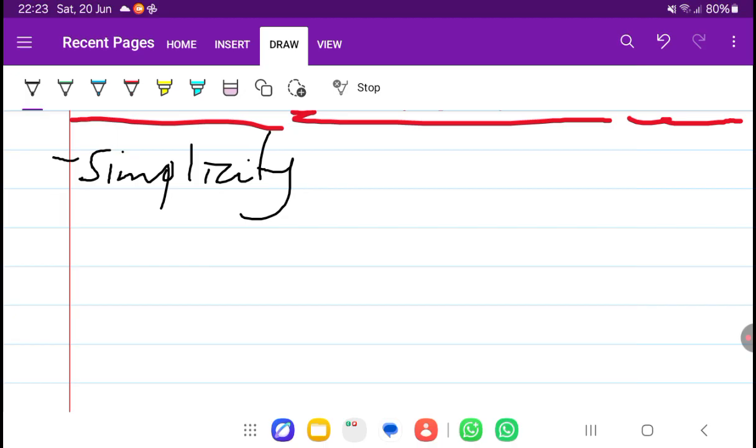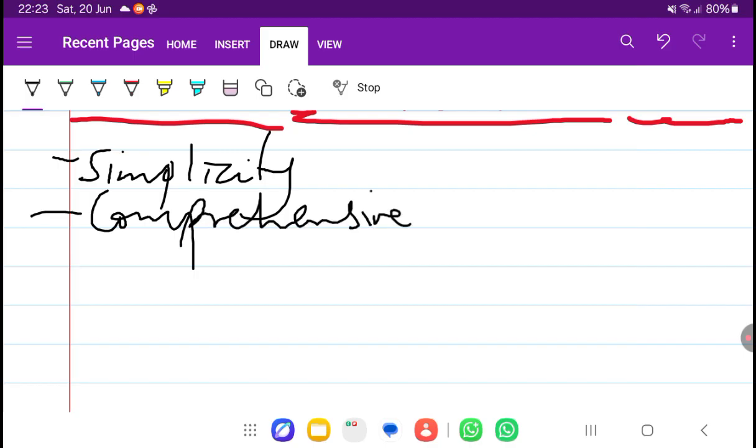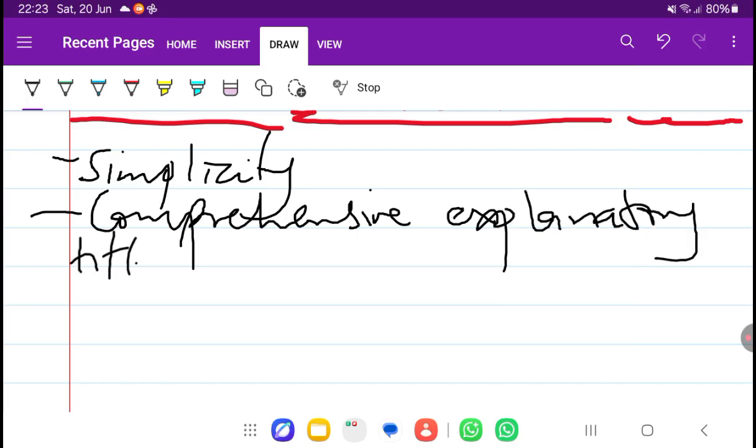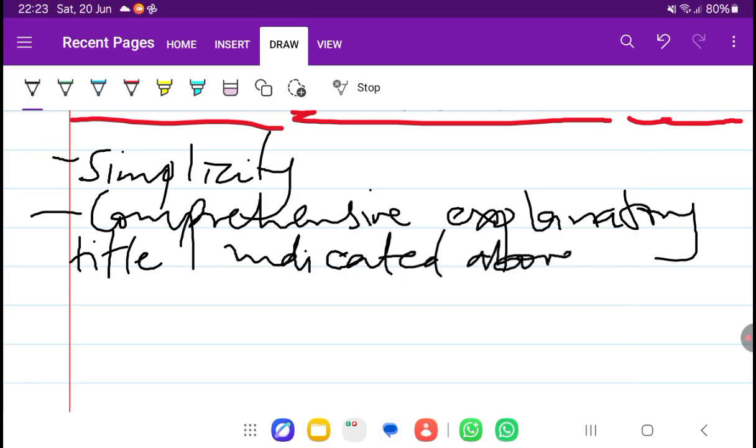The other is, of course, a comprehensive explanatory title, indicated above the body of the table.